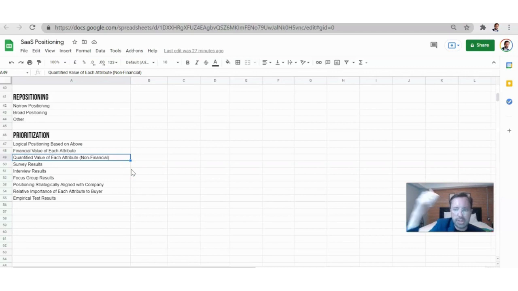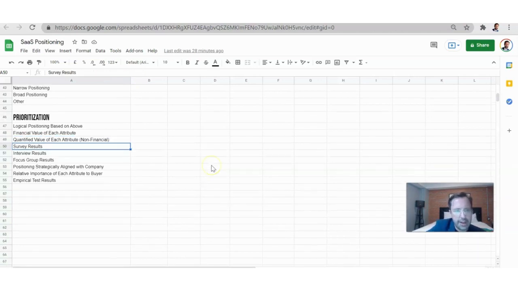So it's things like how much time did this save? For example, if feature A saves you 10 hours a week, feature B saves you 20 hours a week, then positioning around feature B probably makes more sense. Or taking the positioning around time savings in general, and then just using the various features and how much time they save as a reason to believe in the positioning.